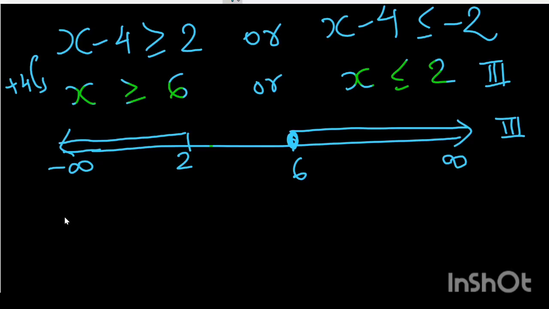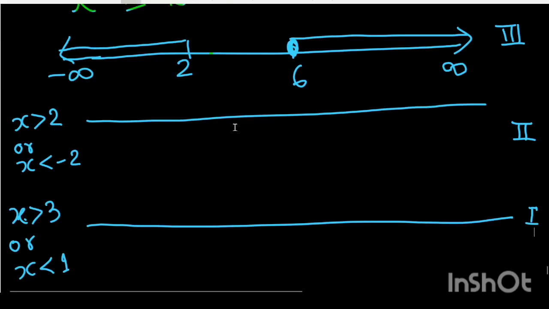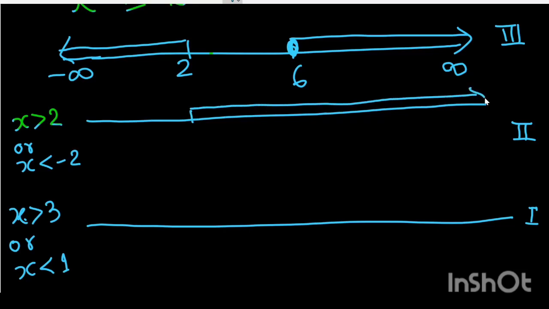Similarly, the second and the first we will write and plot. Okay, like this. So first and second also we will plot. The second one is x greater than 2. So greater than 2 is 2 and greater than 2 would be this. Okay, less than minus 2.